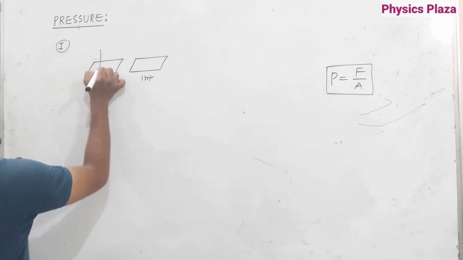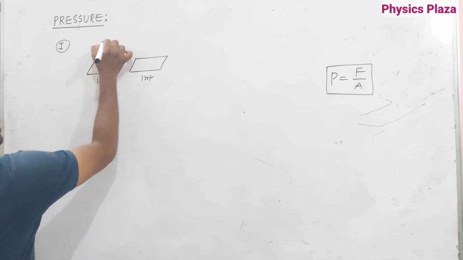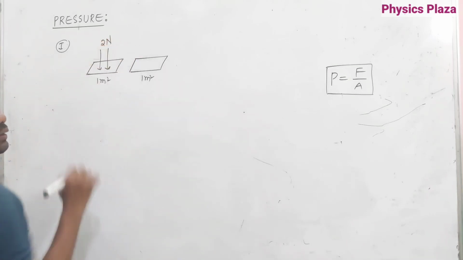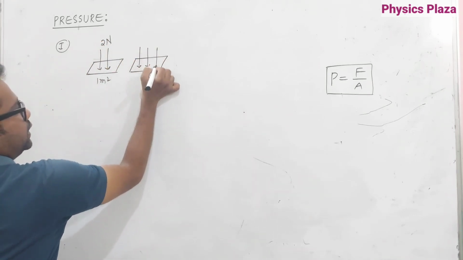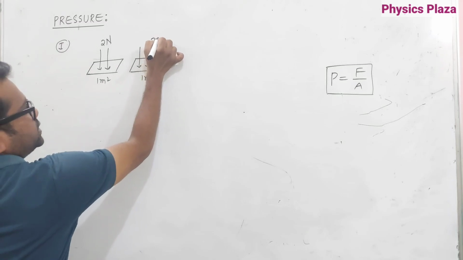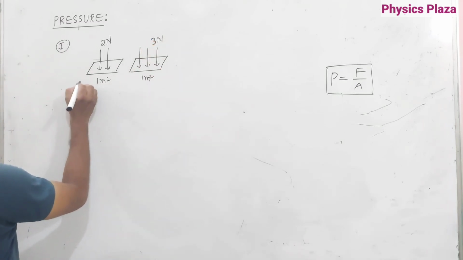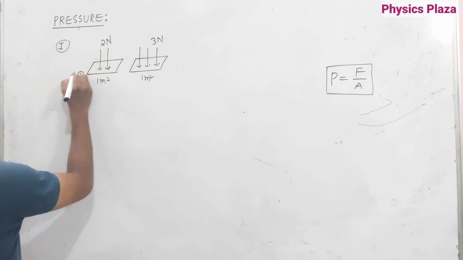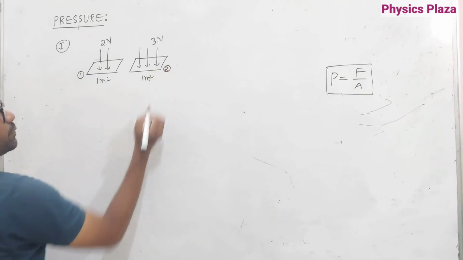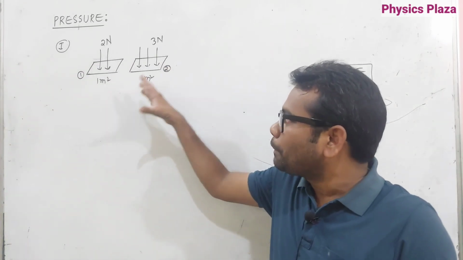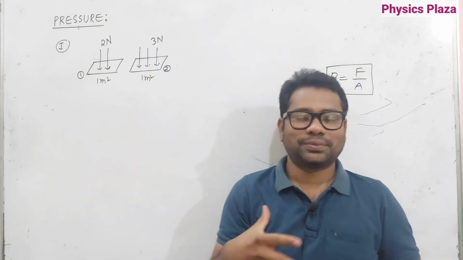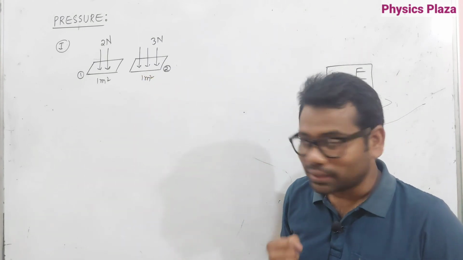On this surface, let us take 2 Newton thrust acting, whereas here let us say 3 Newton thrust is acting. It is the first surface, it is the second surface. Now children, on which surface is pressure more? Come on, think. It's very simple.